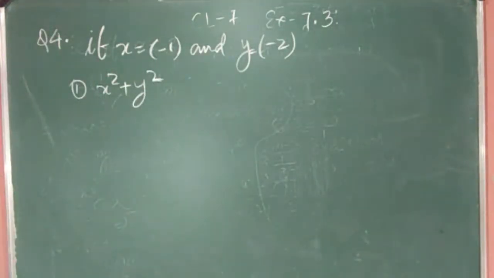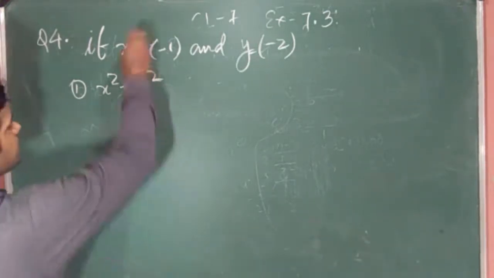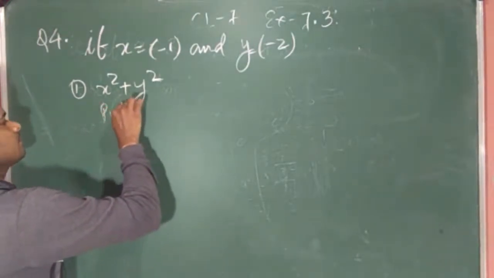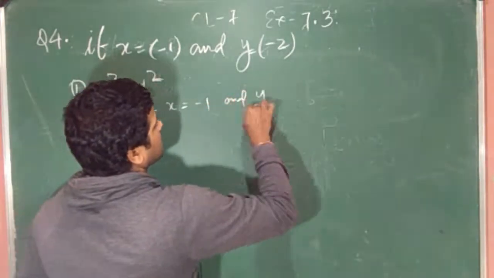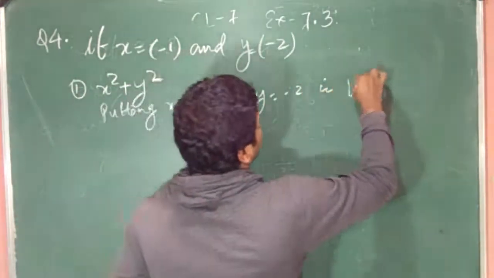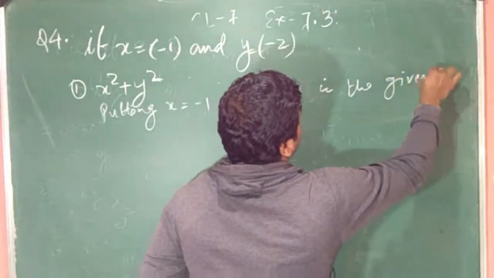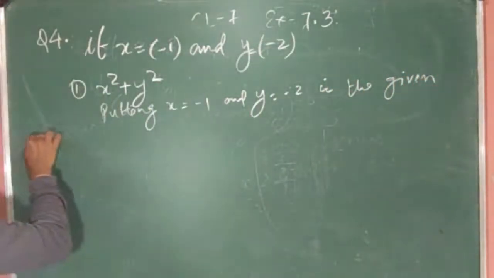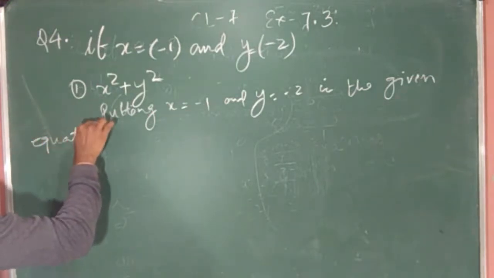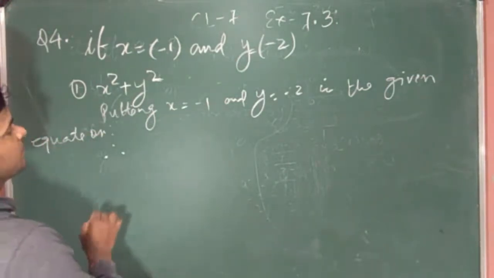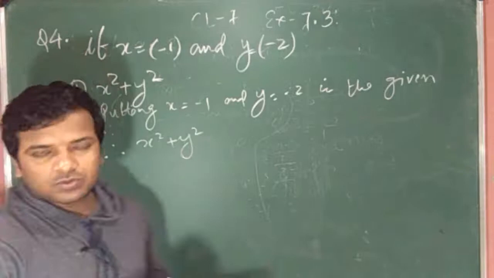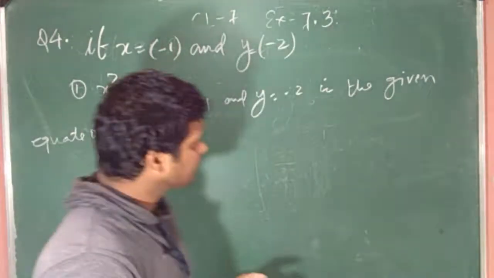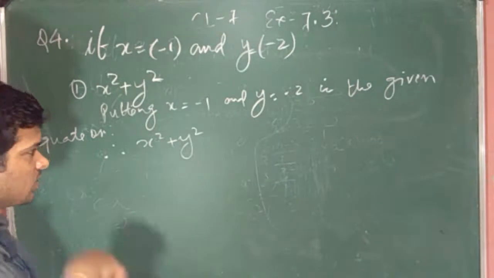So putting x is equal to -1 and y is equal to -2 in the given equation. So x square plus y square.